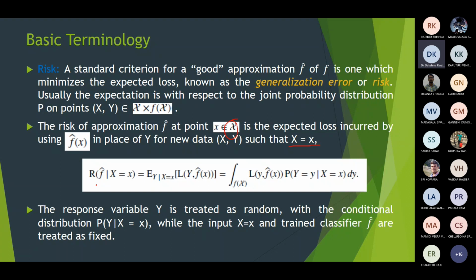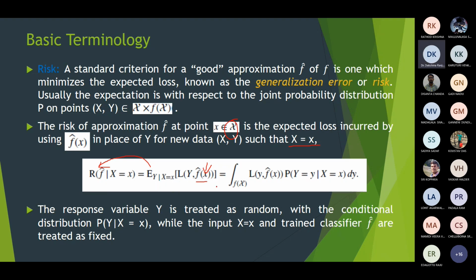So we get it in terms of the expectation over this loss function L of y comma the approximated function defined over this data point x, and this expectation becomes the risk of this penalty function.